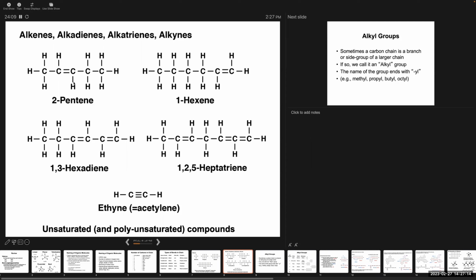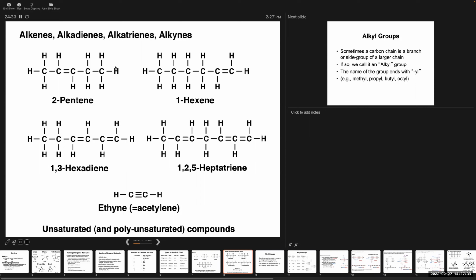Meaning if there was a side chain like an OH or another small carbon chain attached to the main chain, we would start numbering the carbons closest to that side branch. Or in this case, the double bond is closer to the left end than it is to the right end. So we actually start numbering the carbons from the left side, not from the right.